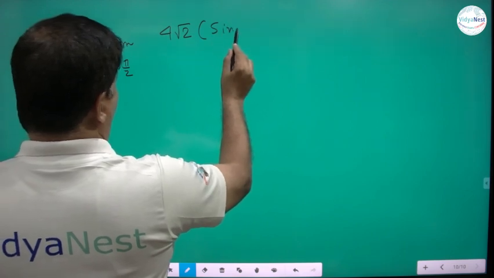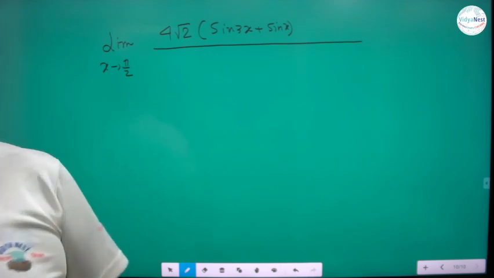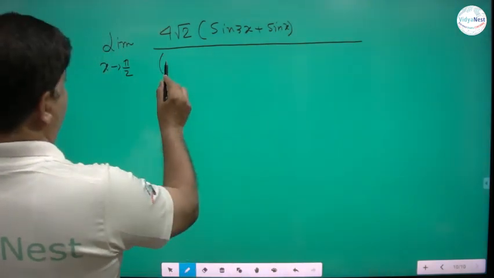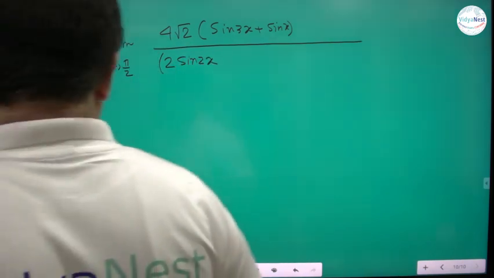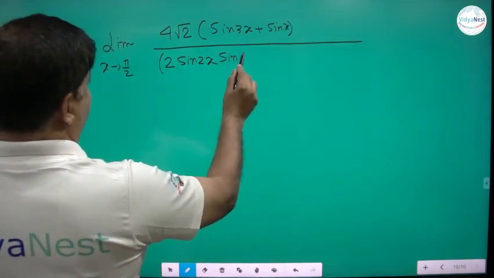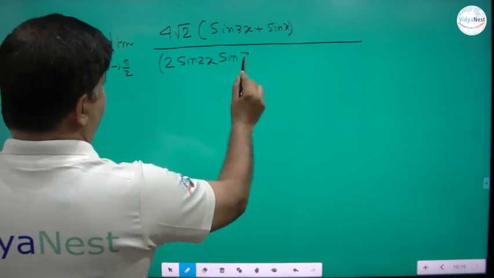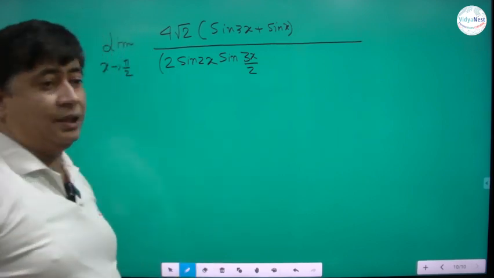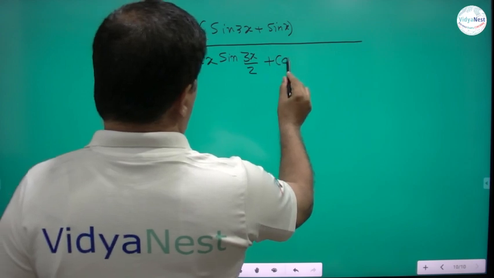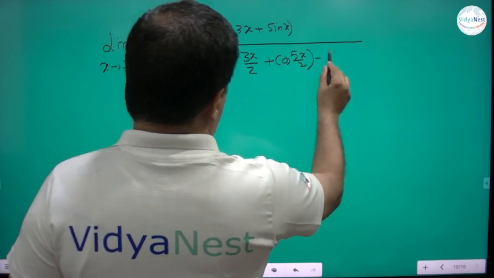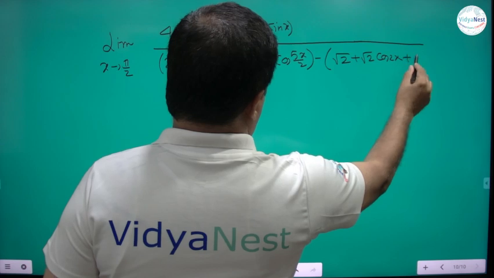See, 4 root 2 sine 3x plus sine x by 2 sine 2x dx by 2 plus cos 5x by 2 minus root 2 plus root 2 cos 2x plus cos 3x by 2.